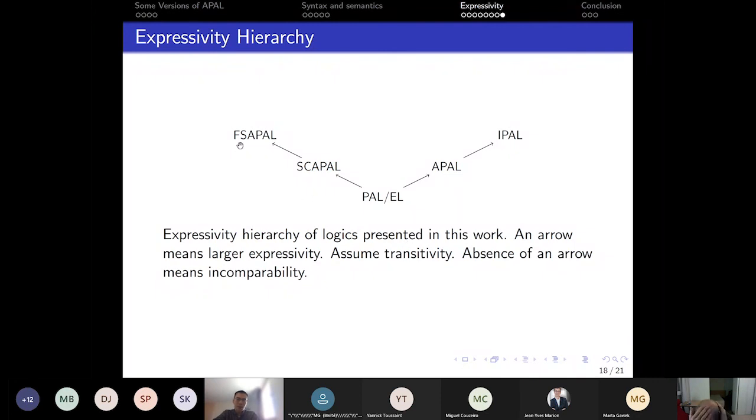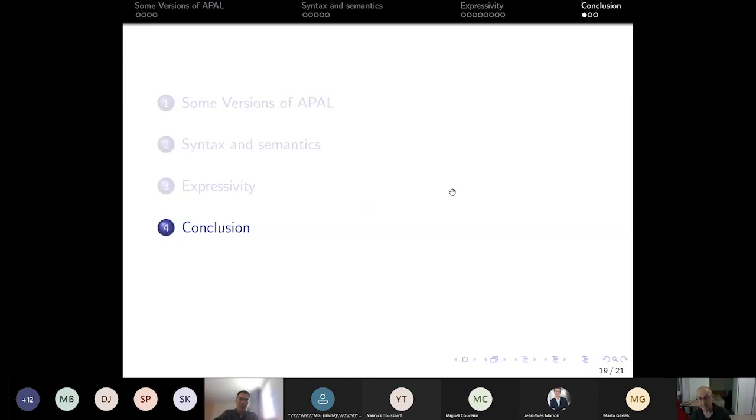So as we can see, FS-APAL is strictly more expressive than SC-APAL, and SC-APAL is also strictly more expressive than PAL or EL. On this branch, IPAL is strictly more expressive than APAL. And meanwhile, both FS-APAL and SC-APAL are incomparable in expressivity with IPAL or APAL. Here is the main result in this project.